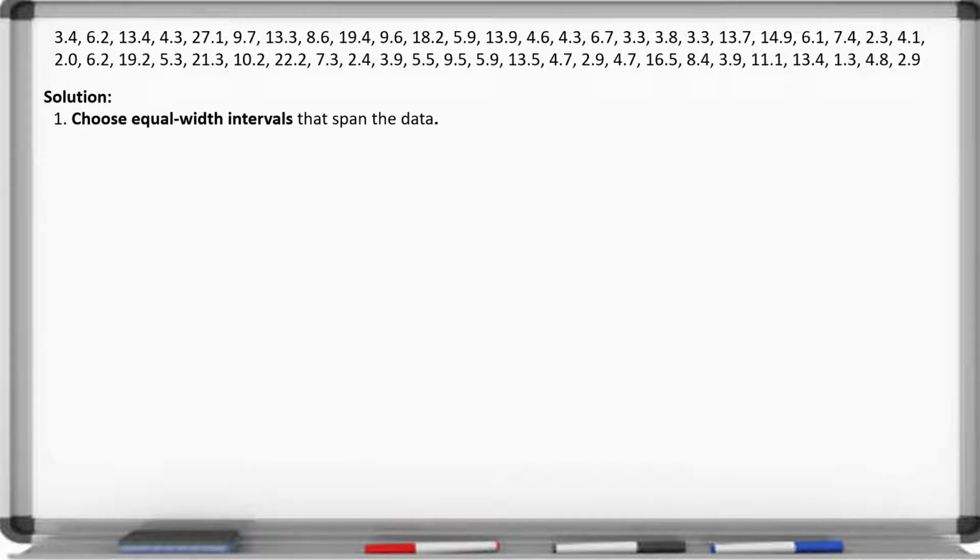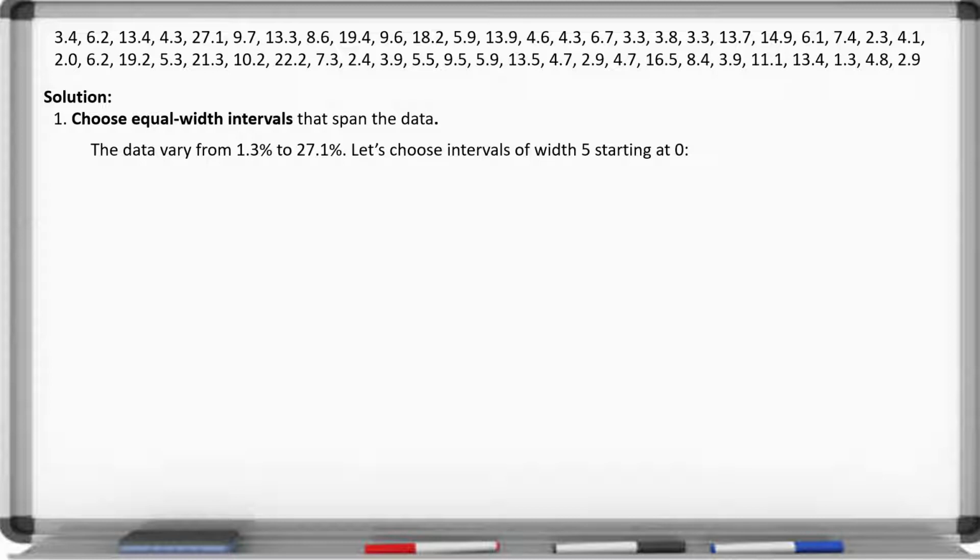Remember to choose equal width intervals that span the data. From the data set above, notice that the smallest number is 1.3% and the largest number is 27.1%. So we're going to choose intervals of width 5 starting at 0. Again, you can choose your interval size yourself, however, make sure that you have enough intervals, a minimum of 5.